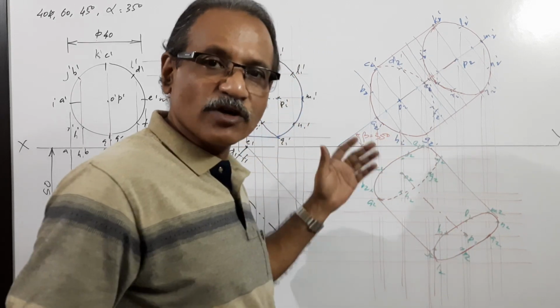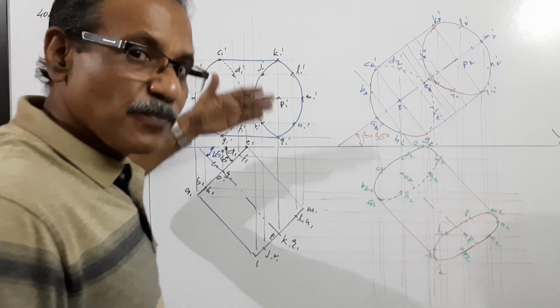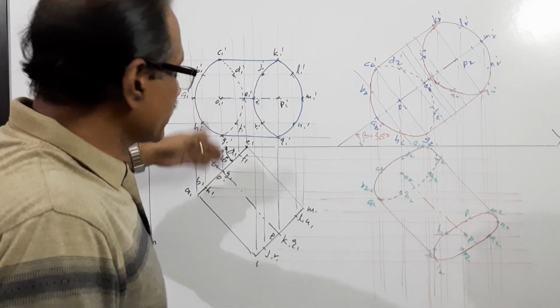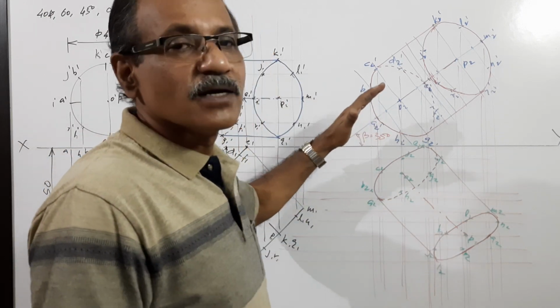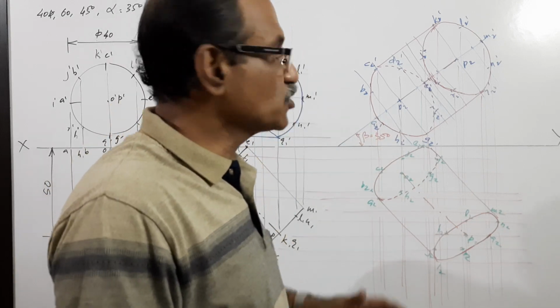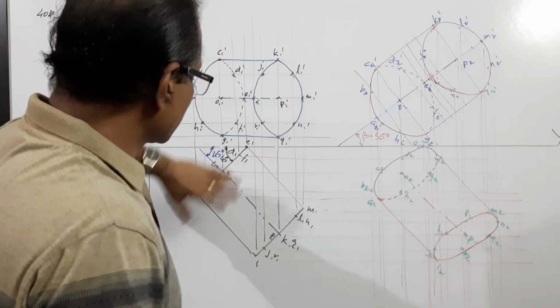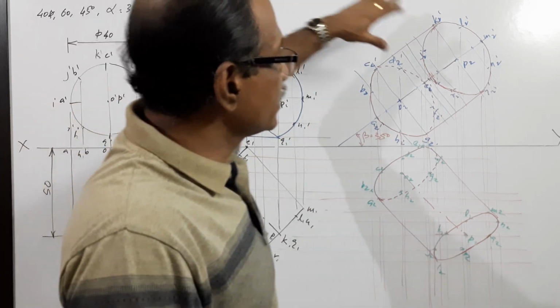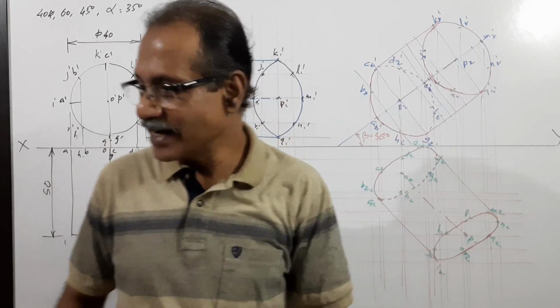The cylinder is resting on VP on a point of its base circle with axis making 45 degrees to HP and the front view of the axis making, that is beta 35, front view of the axis making 35 degrees to XY line. So symbol, position, elevation and plan. Then redraw the plan, project the elevation, then redraw that elevation and project the plan. This is the redrawing method.